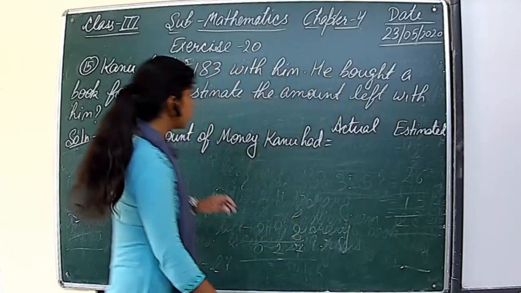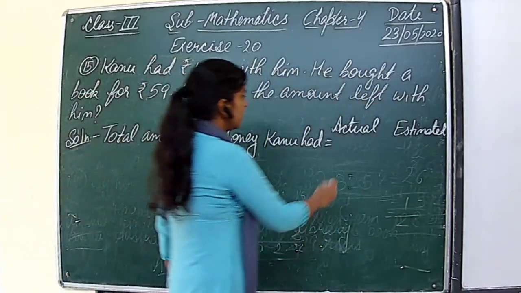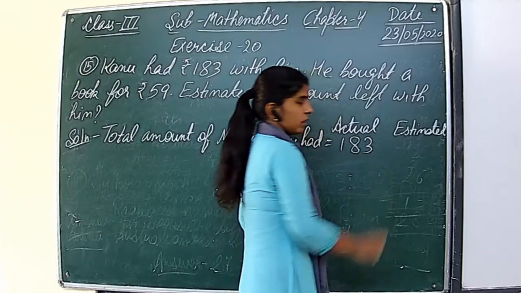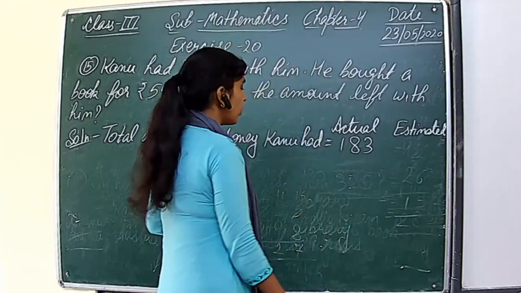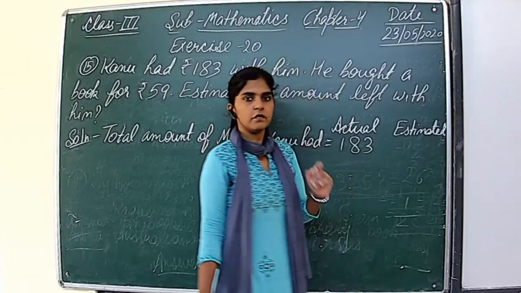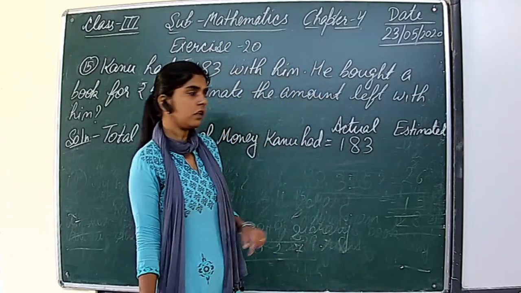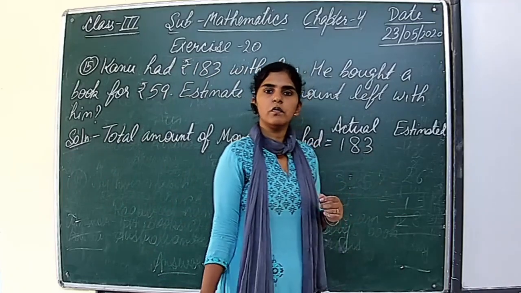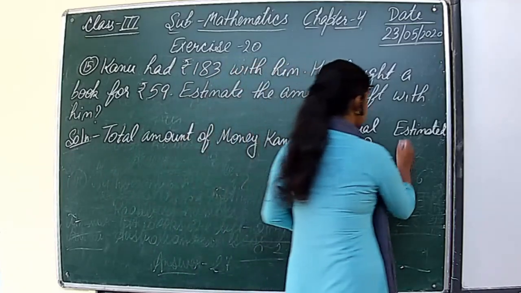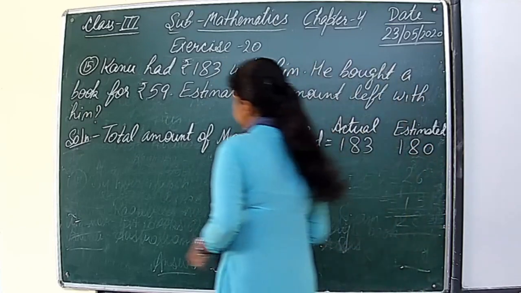Okay? Actual is 183. I told you we will round off to the nearest 10. So to round off the number to the nearest 10, we will look at the ones place digit. The digit at the ones place is 3 and 3 will be rounded off as 0. So it will become 180.